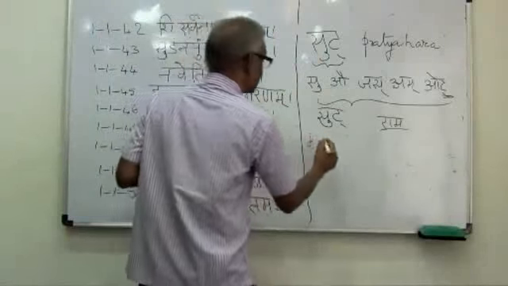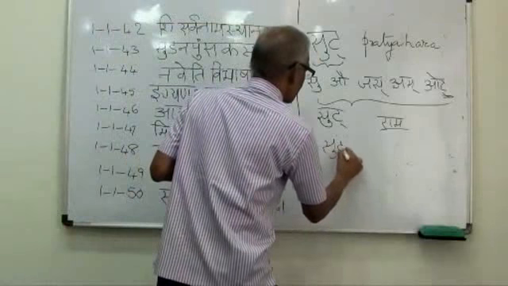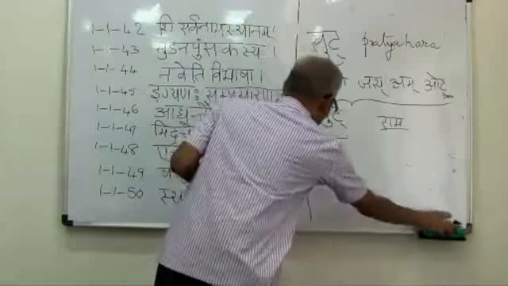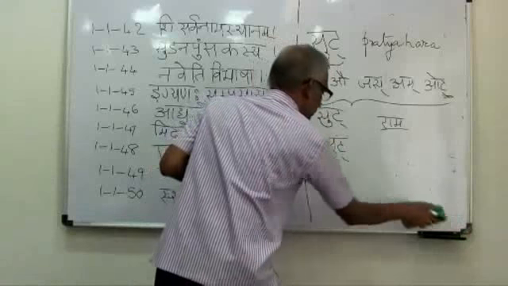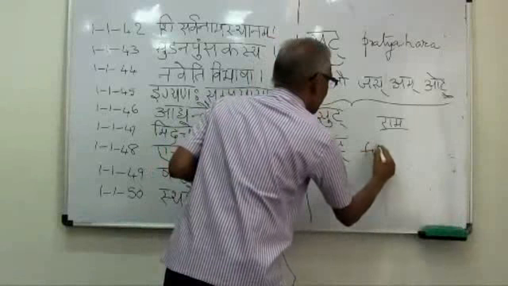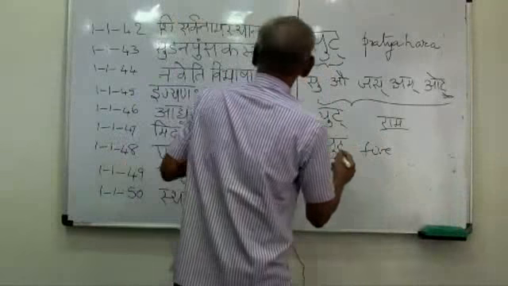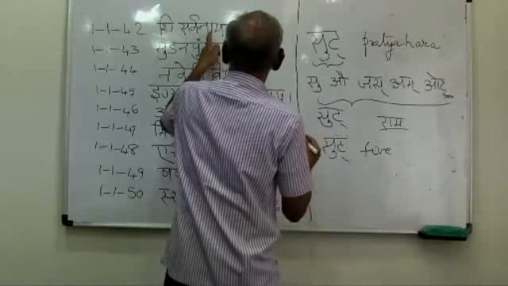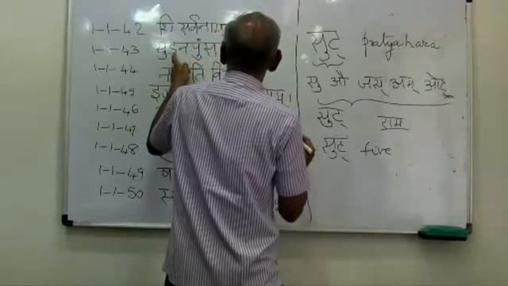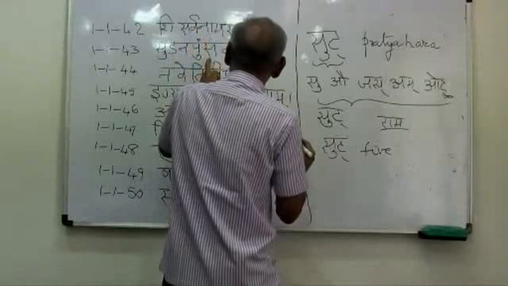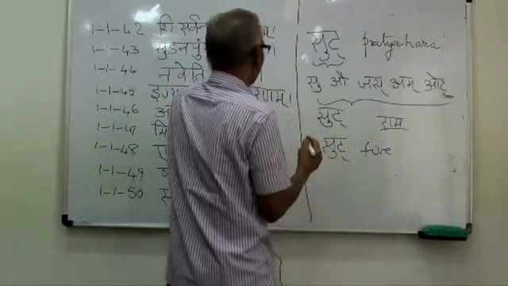Why is this Sut taken? These 5 places. Here, for Napumsaka, only 2 places. For example, why have we told Anapumsakasya?